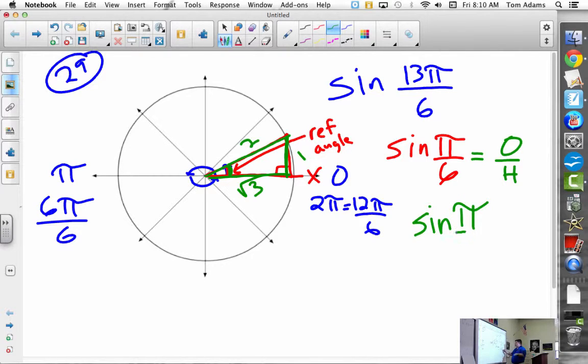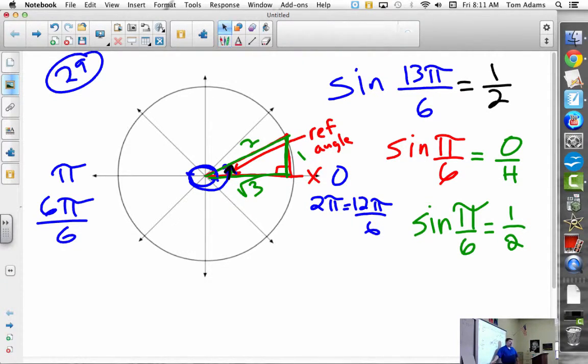So, what's the opposite? 1. What's the hypotenuse? 2. And I said that 13 pi over 6, which is coming around like this, is really the same as just pi over 6. So this should also be equal to 1/2.